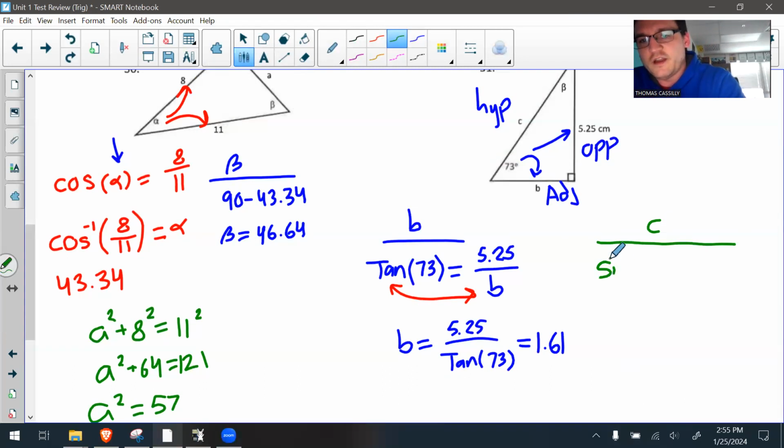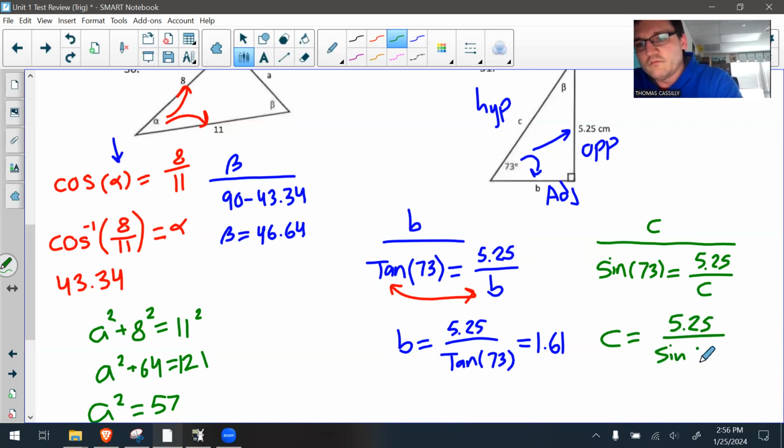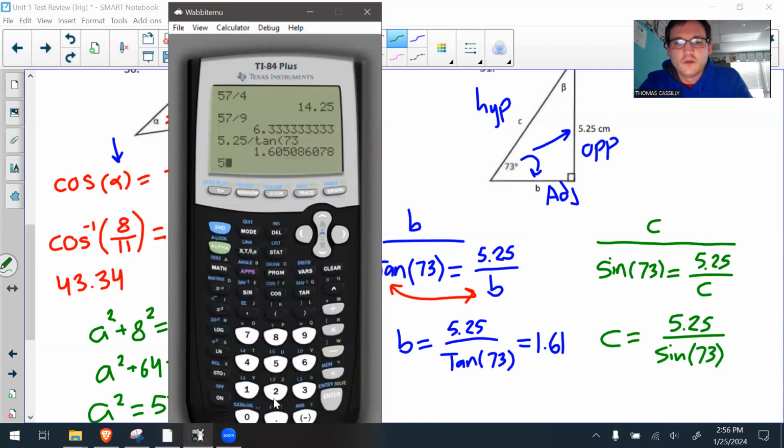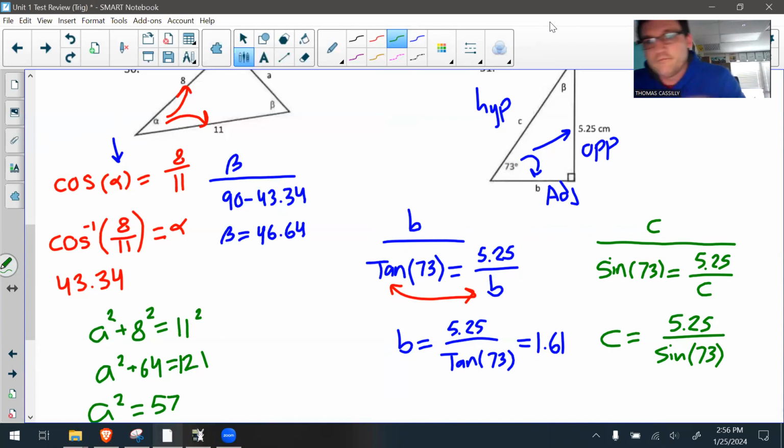So I'm going to say the sine of 73 degrees equals 5.25 over C. And then same thing, C equals 5.25 divided by the sine of 73. Punch that in. That gives us 5.49.